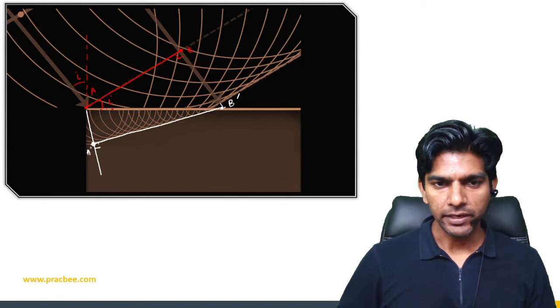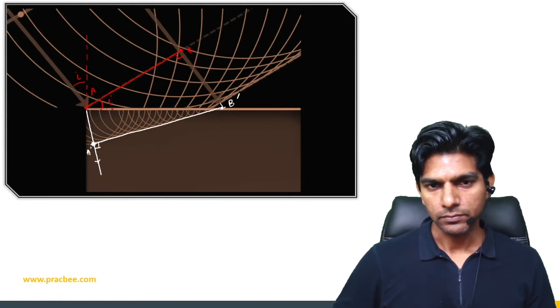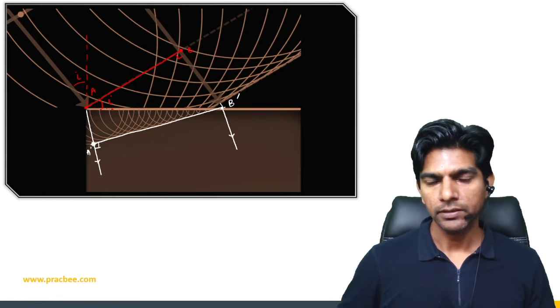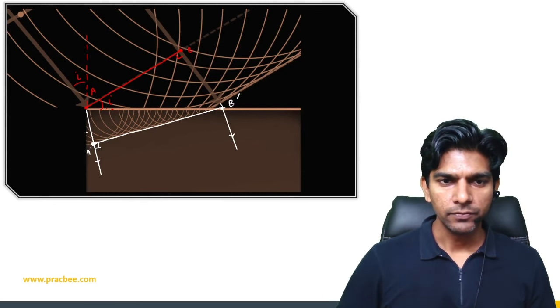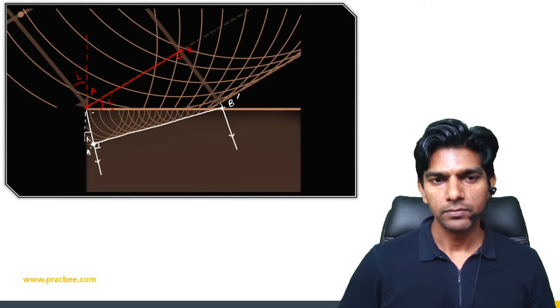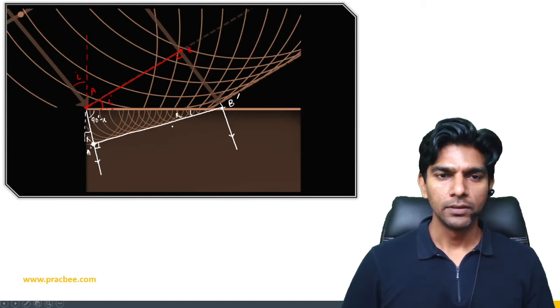So this angle will be 90 degree, and this is the refracted ray, right? So if this angle with the normal is R, then this angle will be 90 minus R. So I can say this angle will be R.